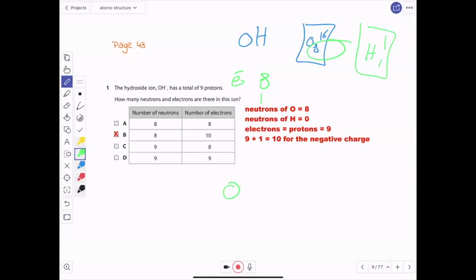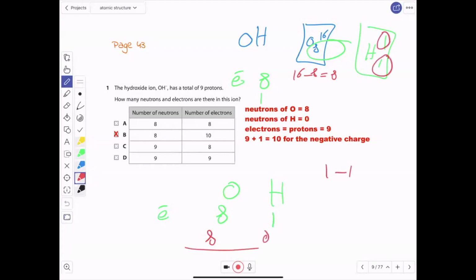So O and H. Electrons for oxygen is 8. Electrons of hydrogen is 1. Neutrons for oxygen is going to be 16 minus 8. That's an 8. All right. Hydrogen is the only element that doesn't have neutrons because it's going to be 1 minus 1. So that's a 0 here.